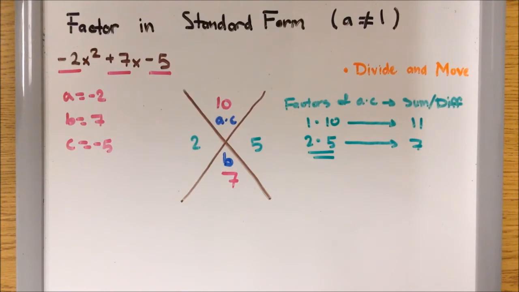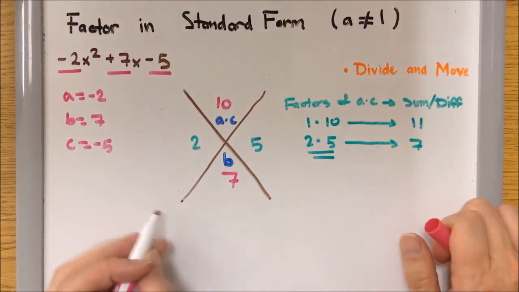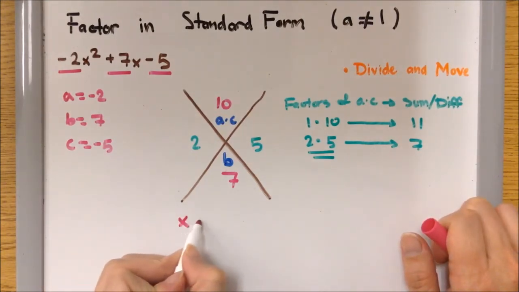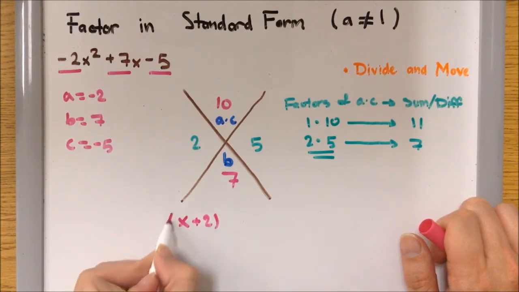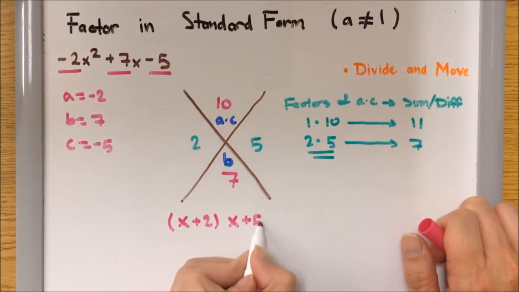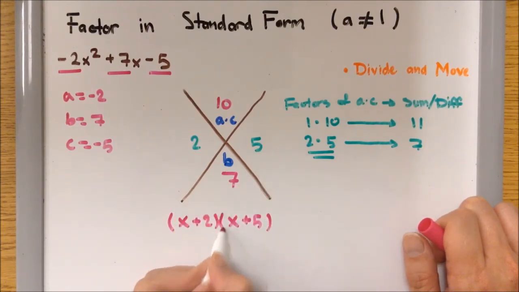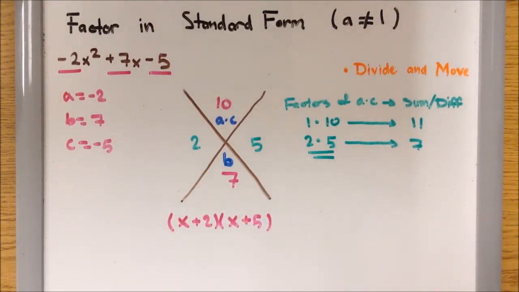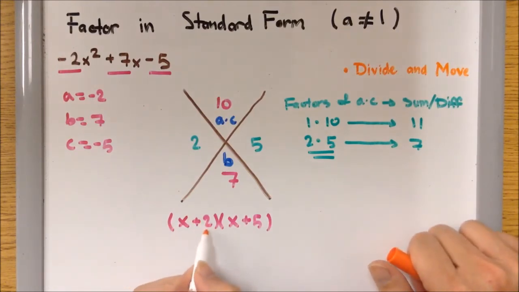Alright, let's put these two factors in factor form. So x plus 2 because of positive 2, x plus 5 because positive 5. Alright, since a was not 1, we're going to divide and move. So I'm going to divide by the original a, which is negative 2.